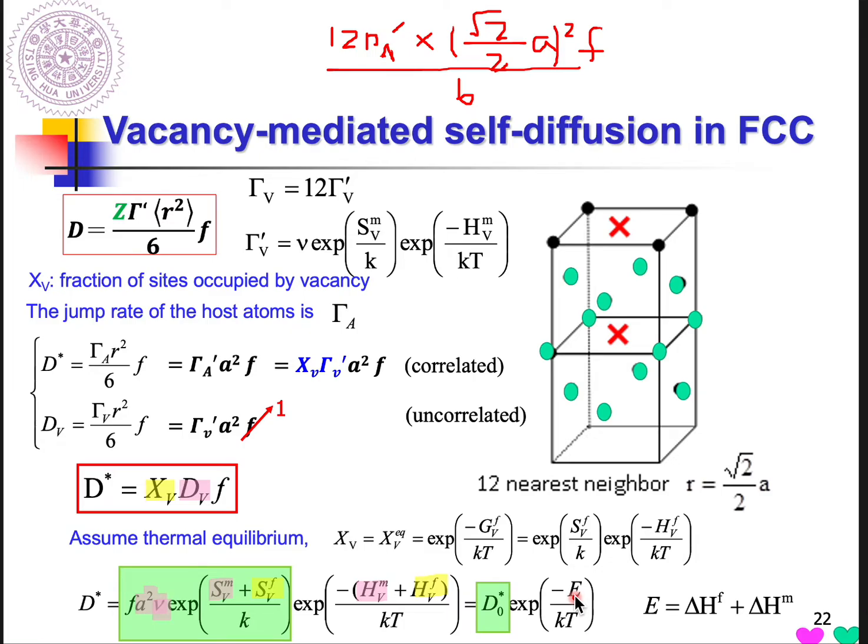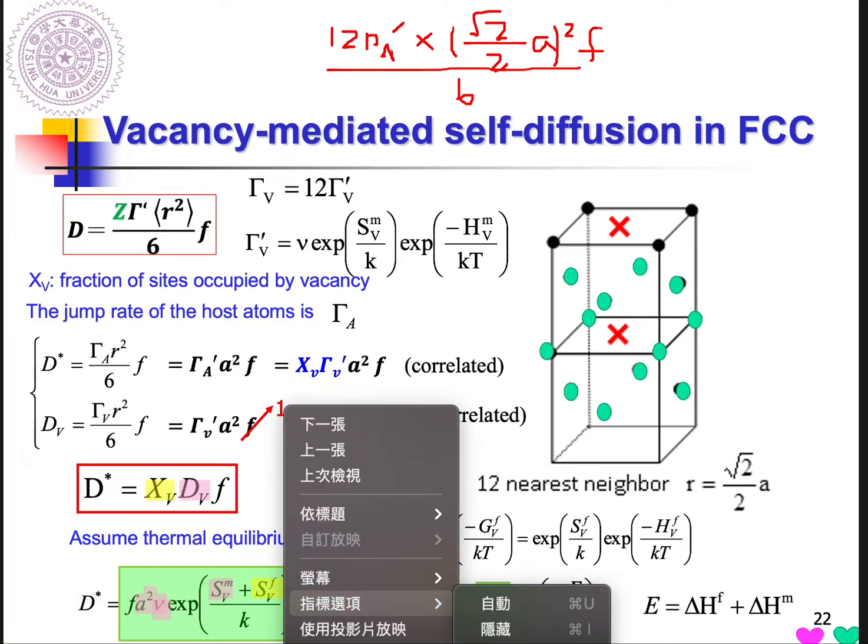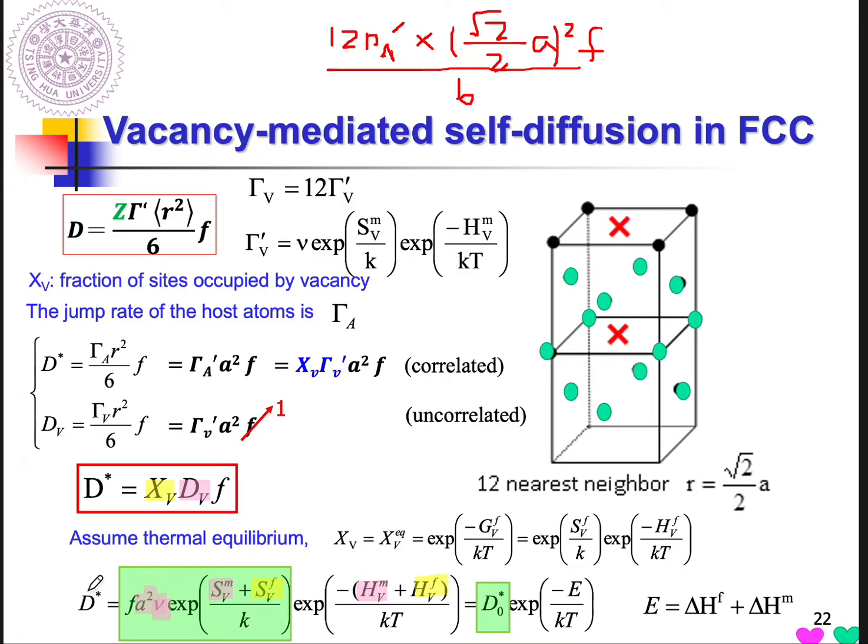You can measure the self-diffusivity at different temperatures, for example five different temperatures. Then, as long as you have the diffusion data, you can plot log D star as the y-axis, and what would the x-axis be?